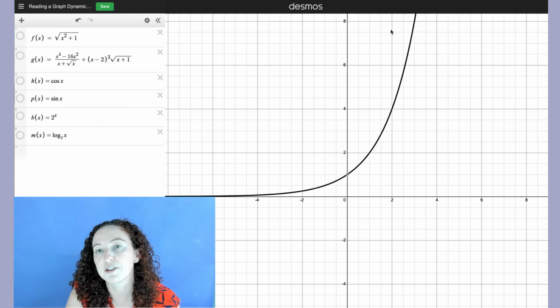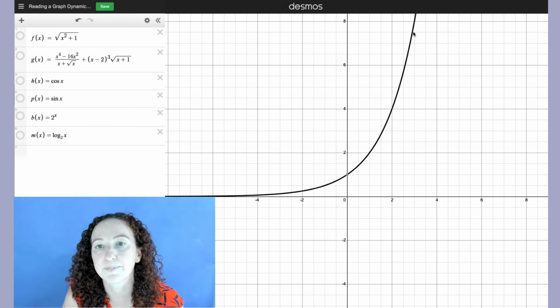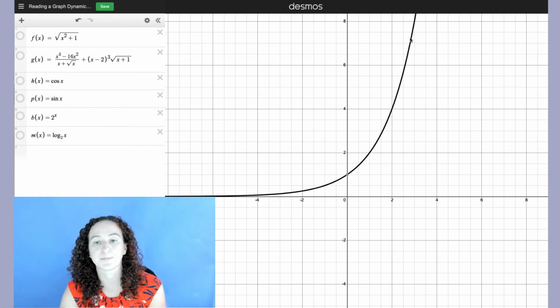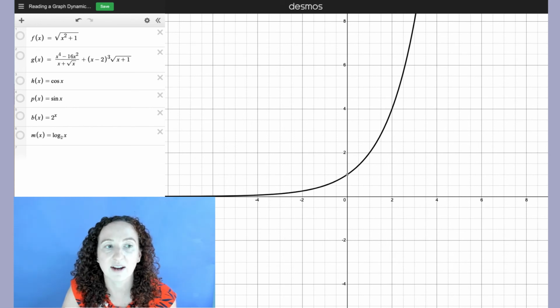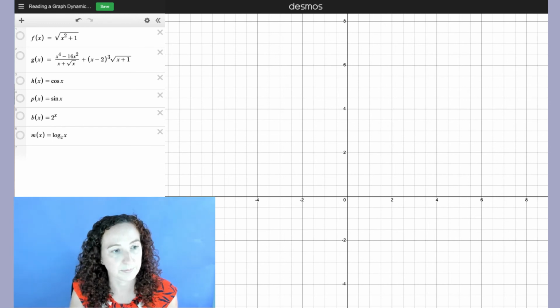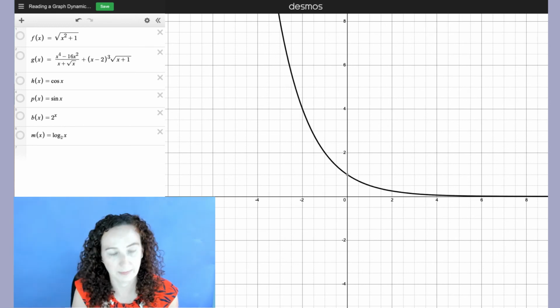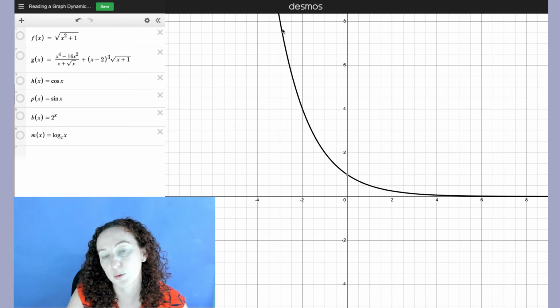The steepness here depends on this 7.5. So the exponential function gets steeper and steeper, and it is increasing. If we have a base that is less than 1, let me quickly put that in. Then we see the function is always decreasing, and it keeps becoming less steep.